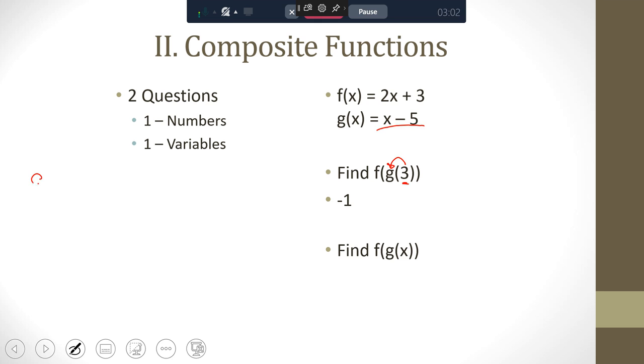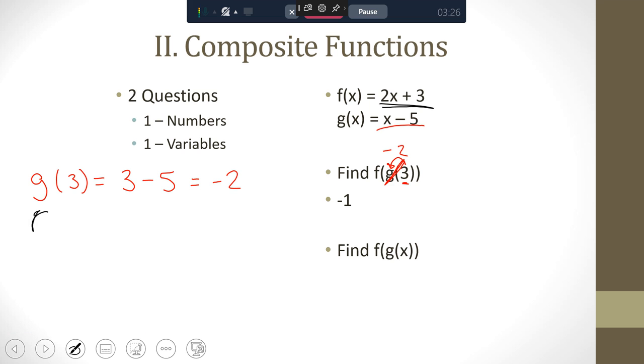So I have G of 3 equals 3 minus 5. And what is 3 minus 5? -2. Now I'm going to replace the G of 3 with a -2. And that is going to go into my F problem.